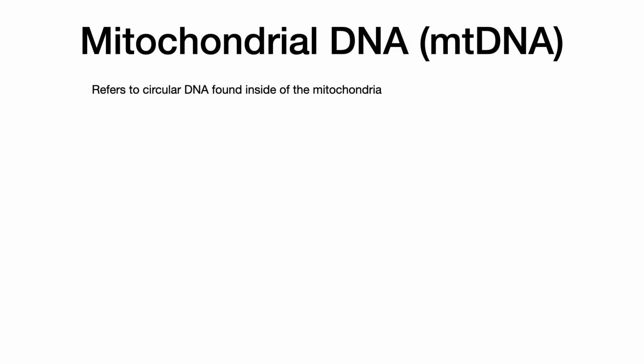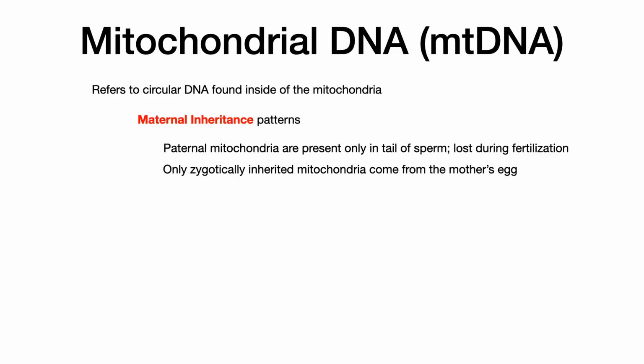So mitochondria as an organelle are very unique because they have their own DNA. And this DNA is really high yield for exams because it goes through maternal inheritance patterns. Test writers absolutely love to ask this question, so pay really special attention to how this works. So the reason that mitochondrial DNA exhibits maternal inheritance is that there is paternal mitochondrial DNA, but that's only located, for whatever reason, in the tail of the sperm.